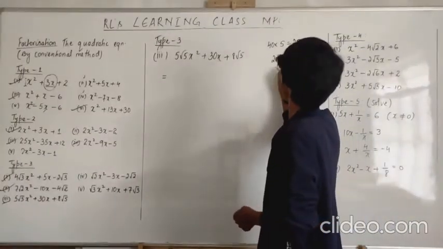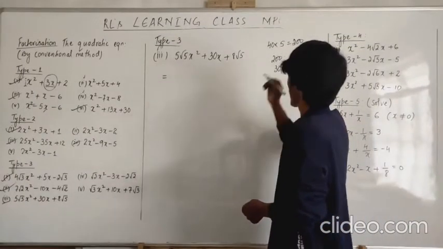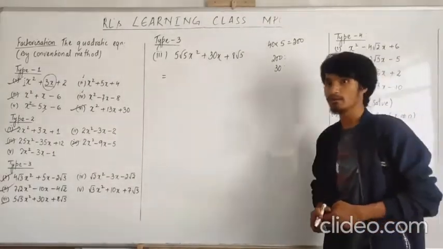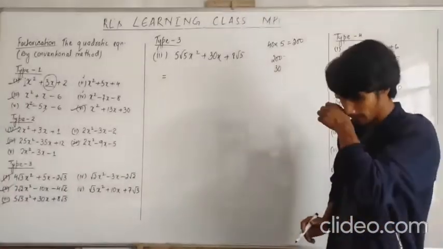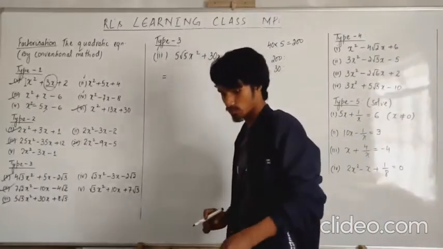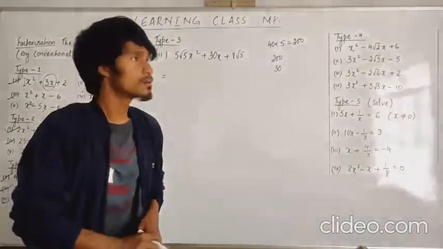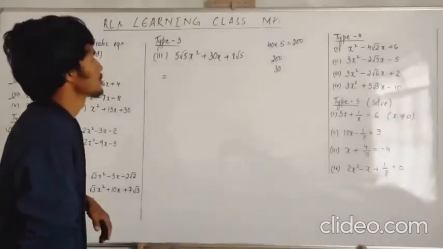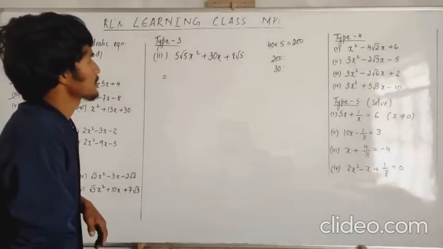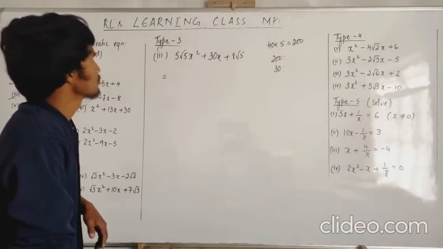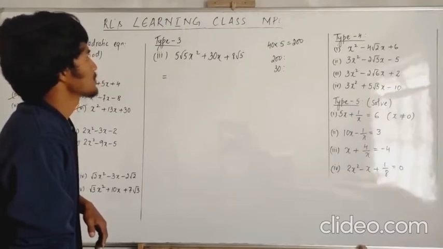Now 200, and here is 30. Now which numbers multiply to get 200 and plus or minus to get 30? Now here is a big problem. Which numbers multiply to get this one, 200?